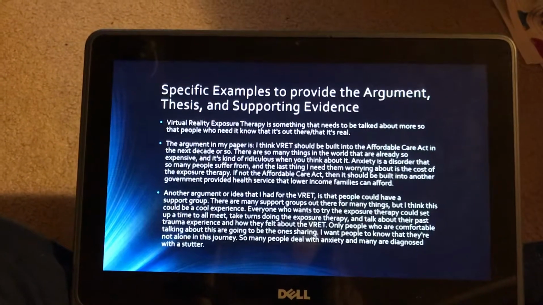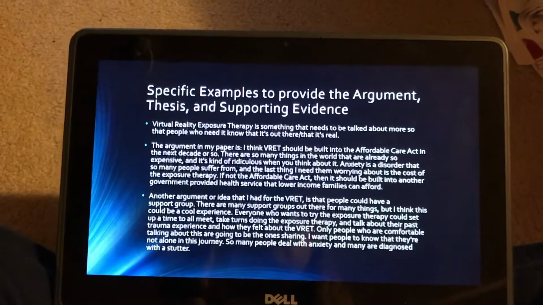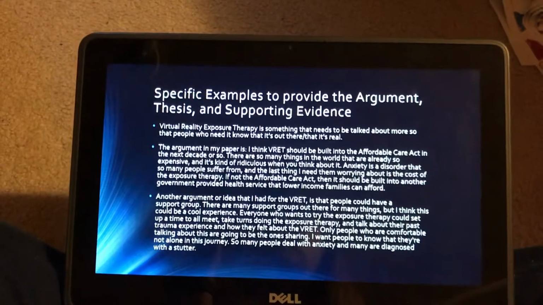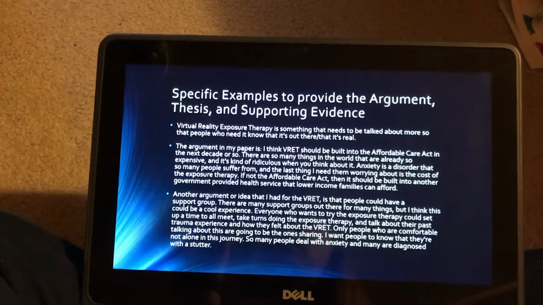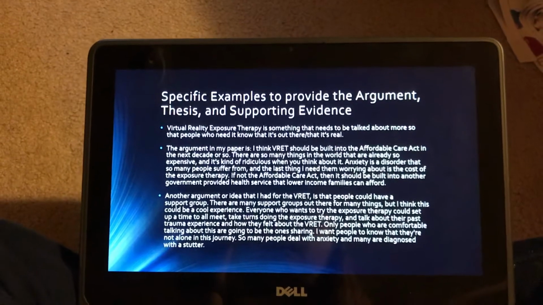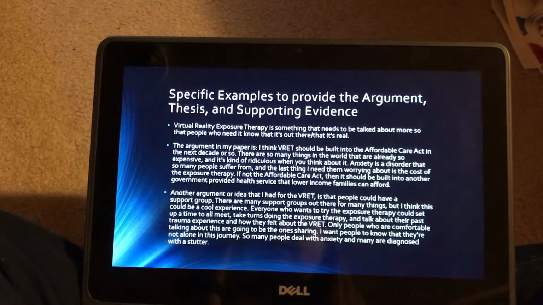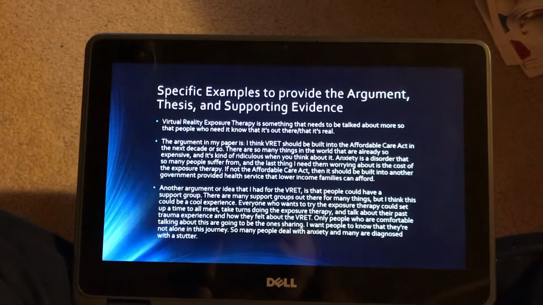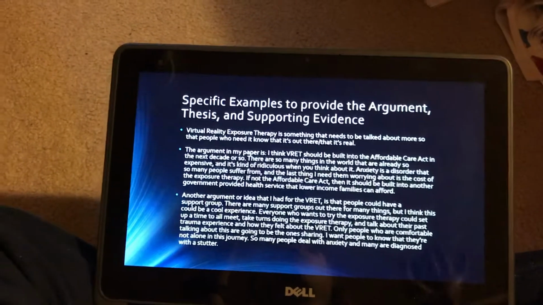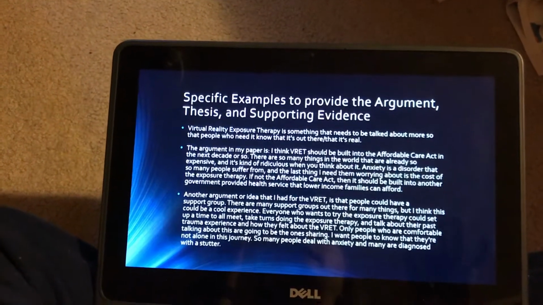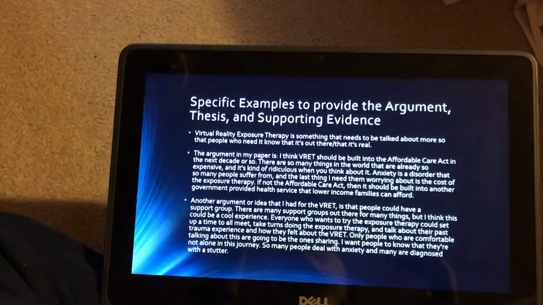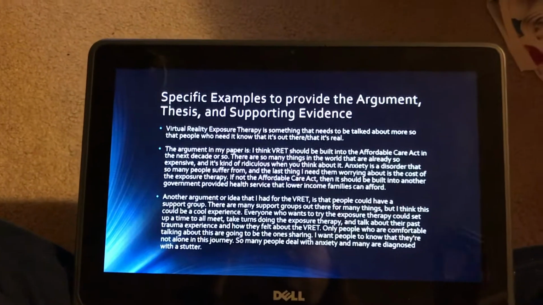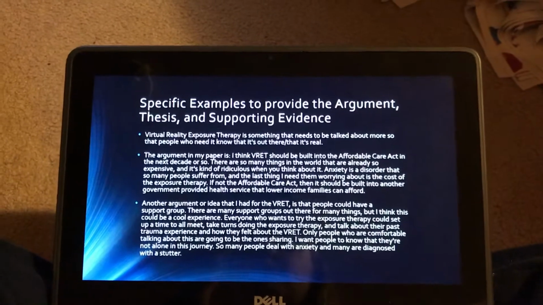And the argument is that I think the exposure therapy should be built into the Affordable Care Act in the next decade or so, because so many things in this world are already so much money, and this is the last thing that I need these people worrying about. And so that's my argument.